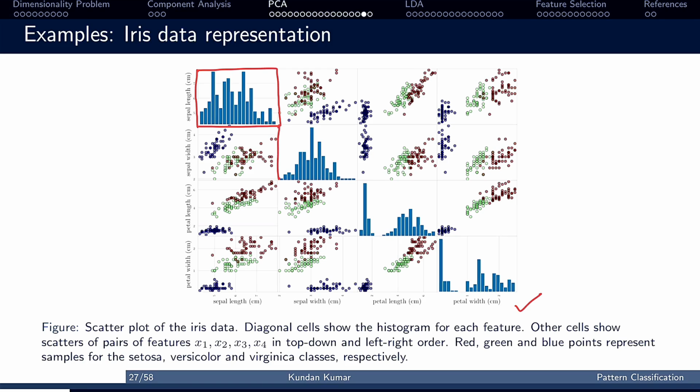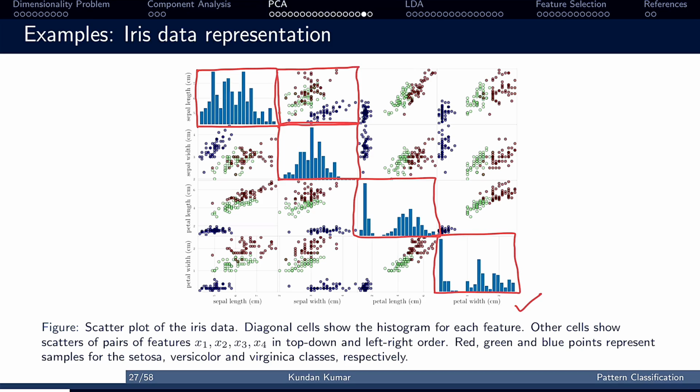This is the histogram of the second feature vector, this is the histogram of the third, and this is the histogram of the fourth. If we find the scatter plot between the first feature and the second feature vector, then this is that scatter plot.